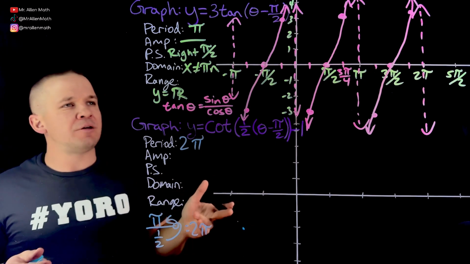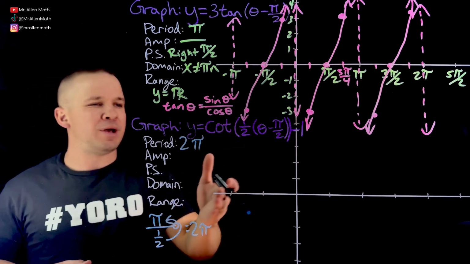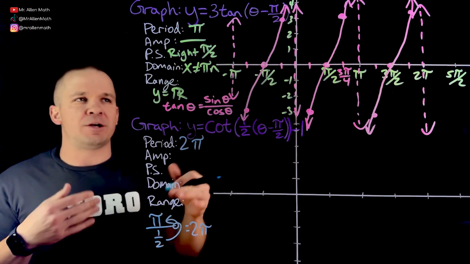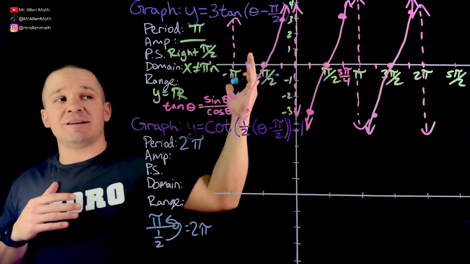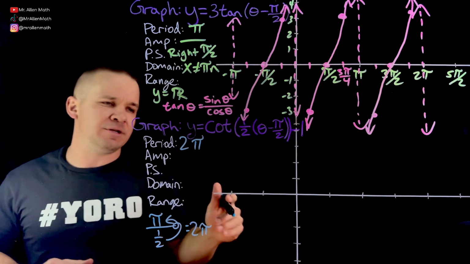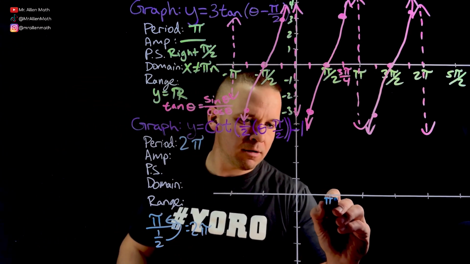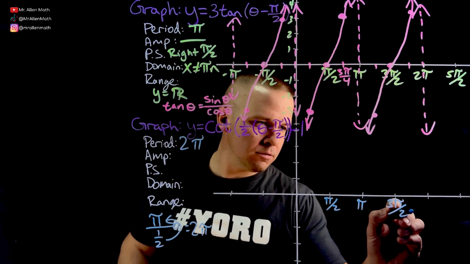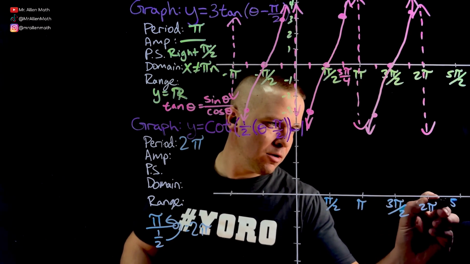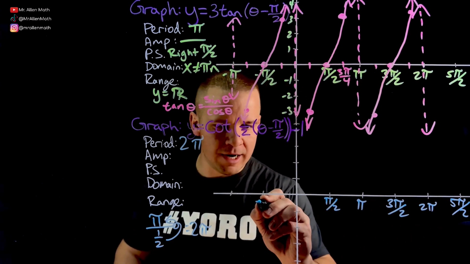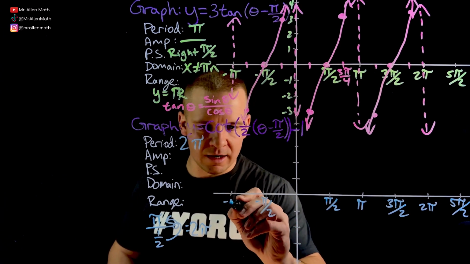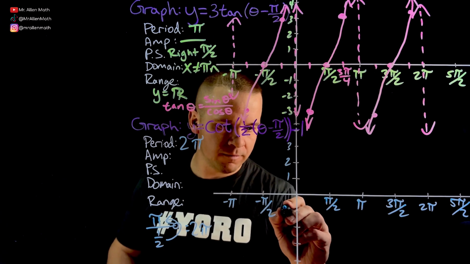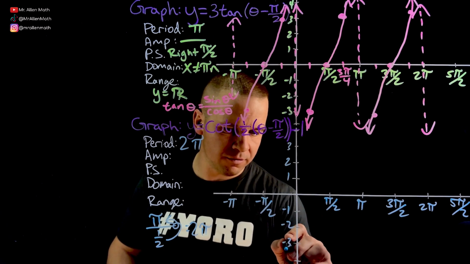And when we scale out these trig functions and we always pick the four, you know, then they all look the same regardless of the transformation that's occurring. So I'm going to scale it out the exact same here, and we're going to see a bit of a difference, okay? So we've got pi over 2, pi, 3 pi over 2, 2 pi, 5 pi over 2, negative pi over 2, and negative pi. I got 1, 2, 3, can't really get up there, negative 1, negative 2, negative 3, negative 4.